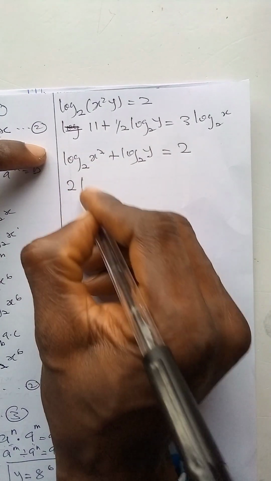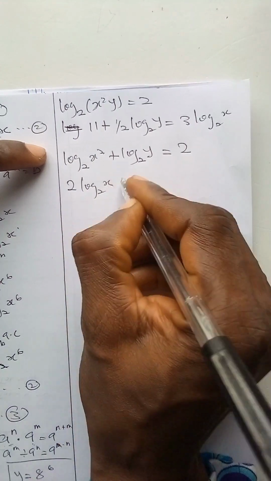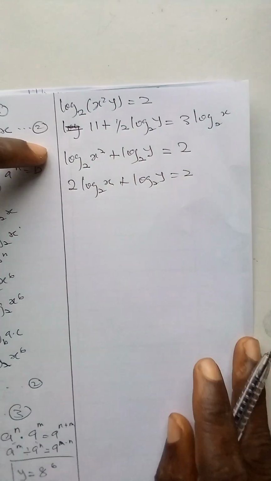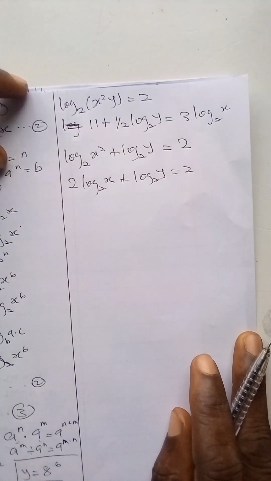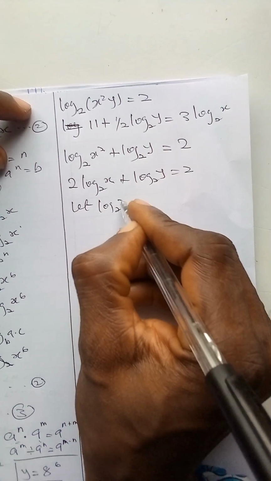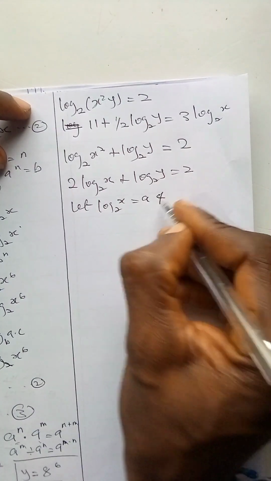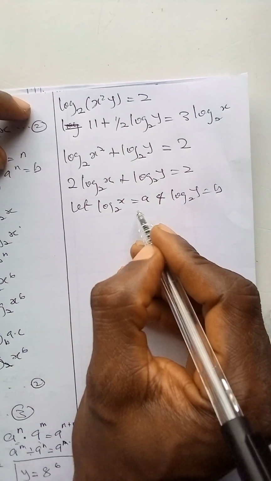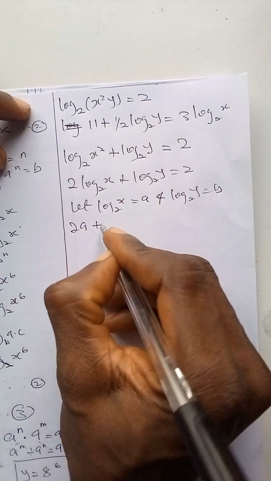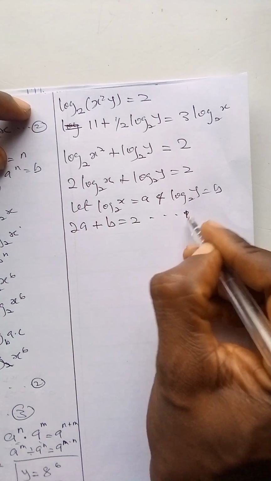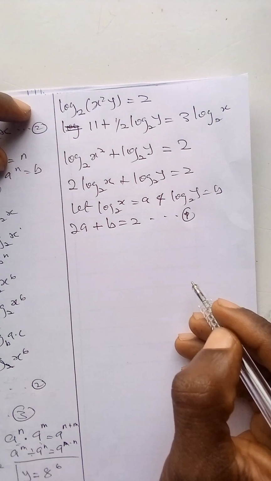We now have 2 log to base 2 of x plus log to base 2 of y is equal to 2. We are now going to make one crucial substitution. We will say let log to base 2 of x equals a and log to base 2 of y equals b. That is, 2a plus b equals 2 becomes a version of equation 1.